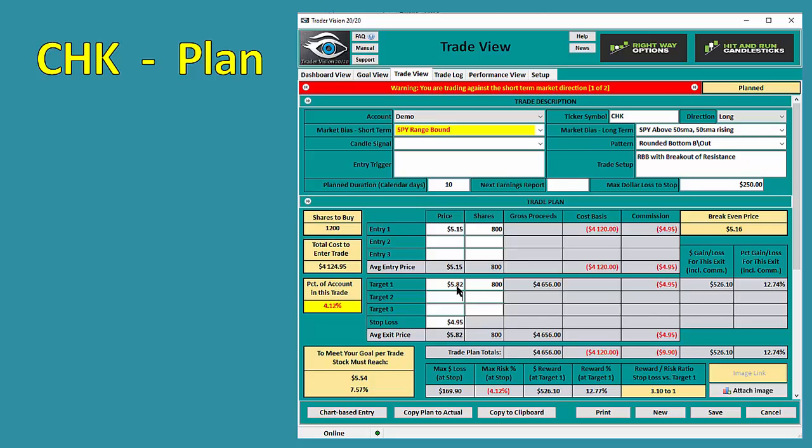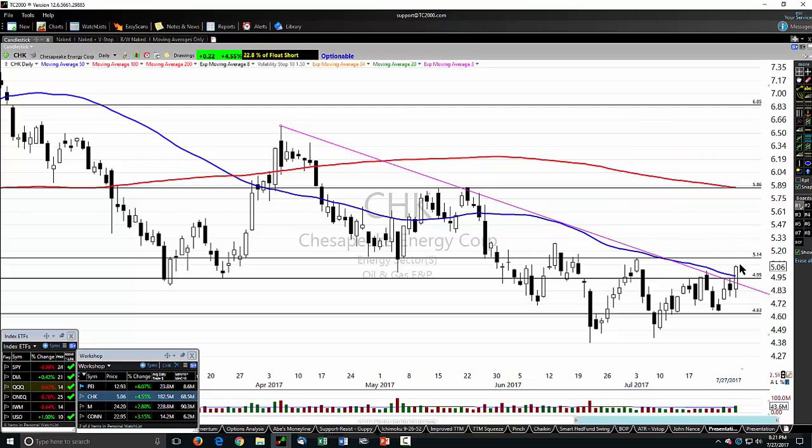But just for the exercise of planning the trade, let's look at this. I had a stop at 4.95 and I had one target at that 5.82. So I'm doing all of my trade in between this breakout level and just selling just before we reach both the red line, which is the 200 simple, and this resistance level. So that's where I'm going to be making my money.